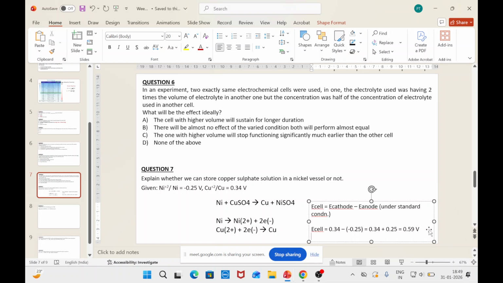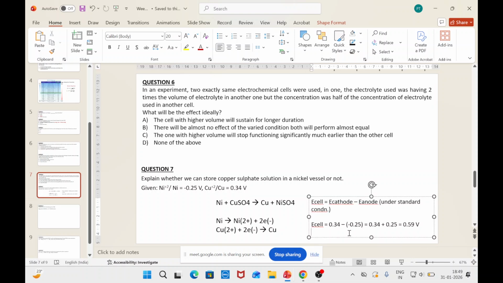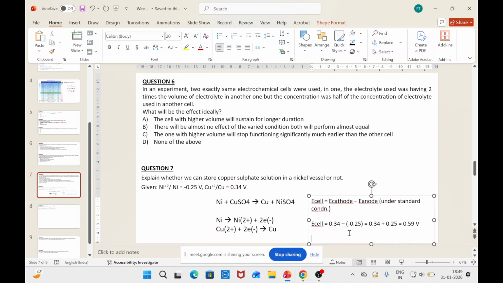So is it ideal? No, because I cannot store copper sulfate in a nickel vessel. After some time the nickel will not remain as nickel, it will form nickel sulfate, and the copper sulfate will be reduced to form elemental copper. So not feasible.